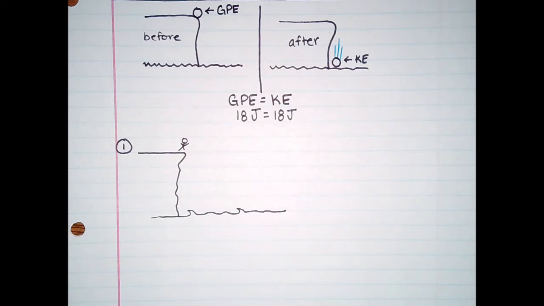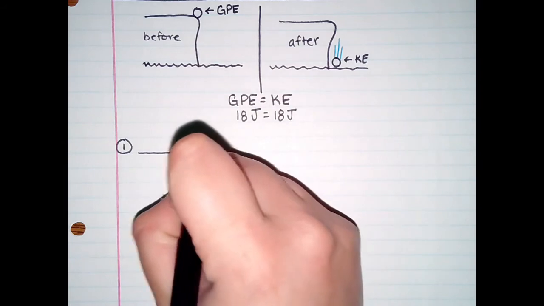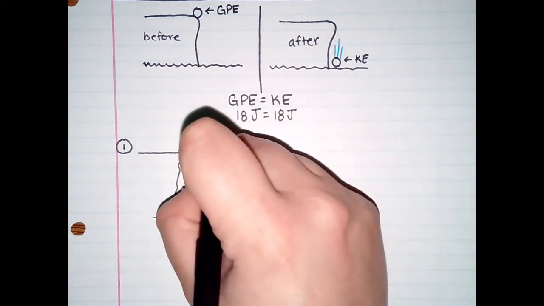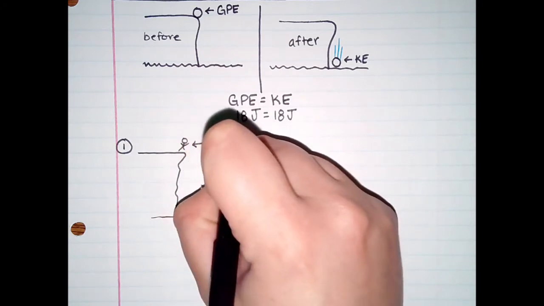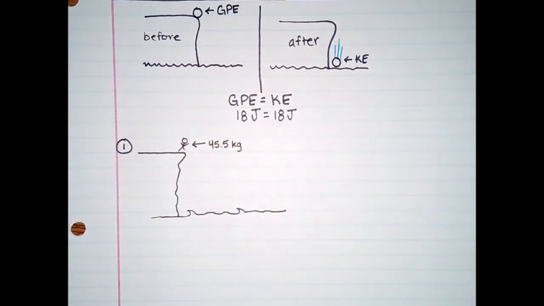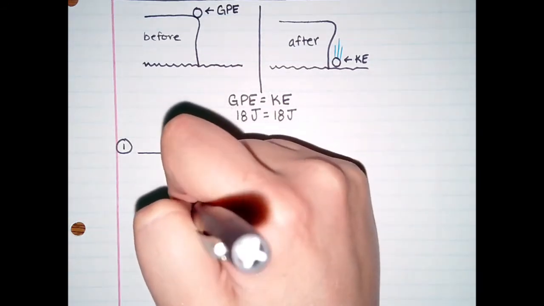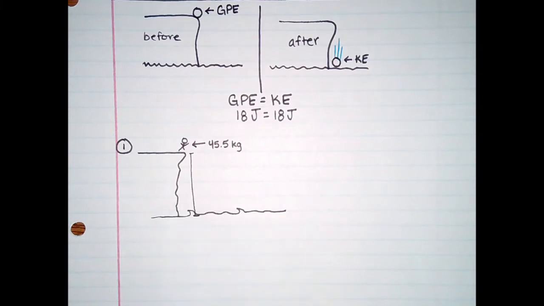So some information that you need to solve this. Moana's mass, 45.5 kilograms. You also need to know the height of the cliff. We'll say that is exactly 10 meters.